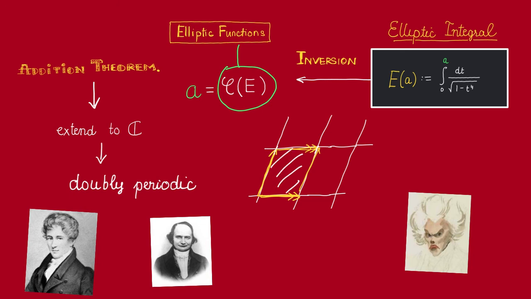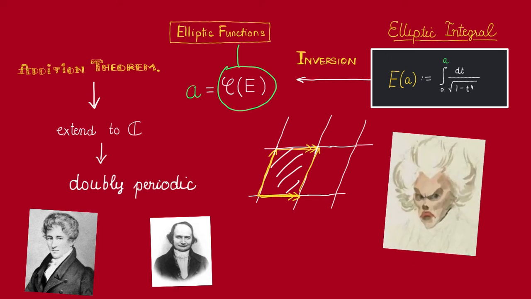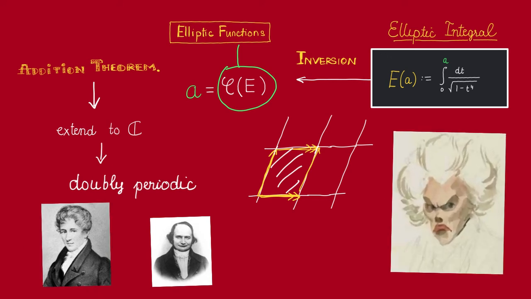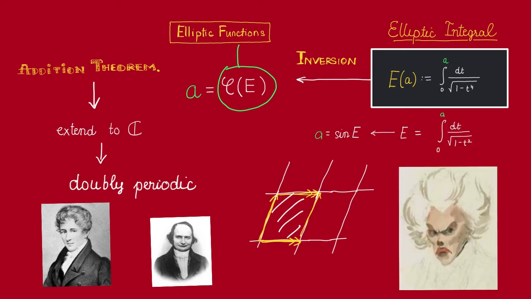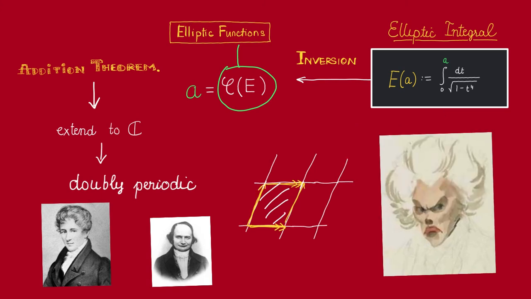Now the question is, how did Legendre miss out on this? With hindsight, inversion really seems like the most obvious thing to do, because that's the thing we naturally do with the trig functions. So how could someone like Legendre, someone who has spent so much time working on this, miss this?